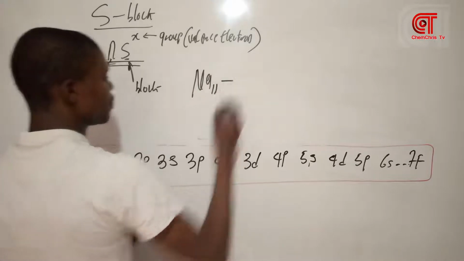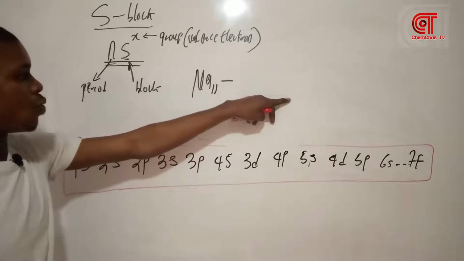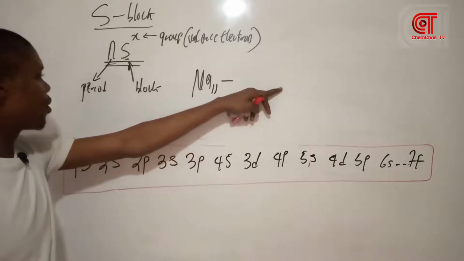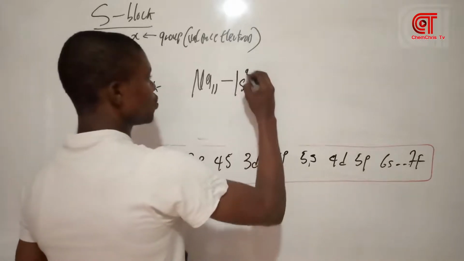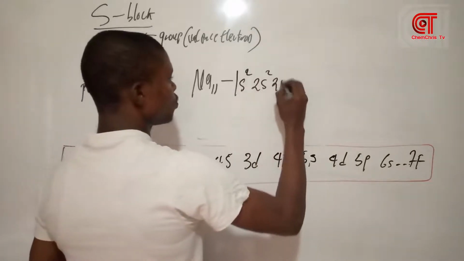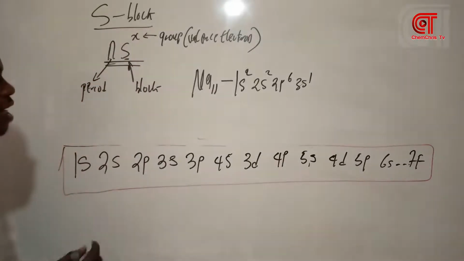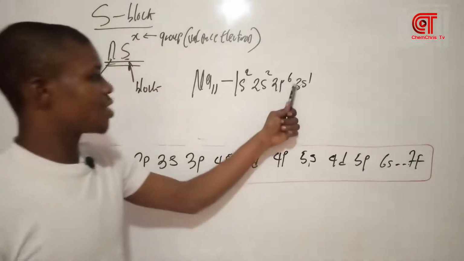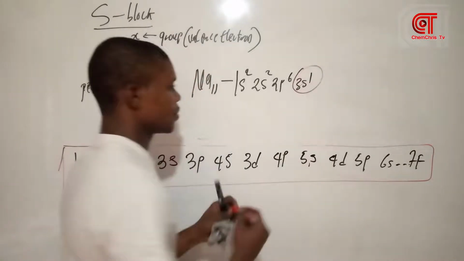Now let's take one example, sodium, which is 11. Let's write the electronic configuration and use it to predict the group, the period, and the block of the element. Here we have 1s2, 2s2, 2p6, 3s1. What is my highest energy level? My highest energy level is 3, so we go 3s1.